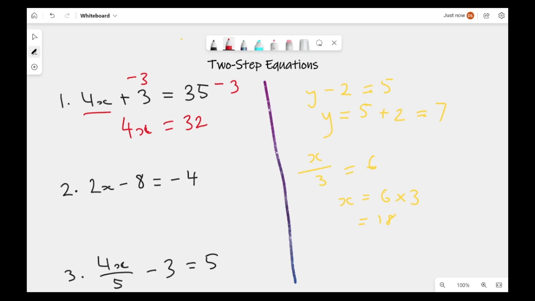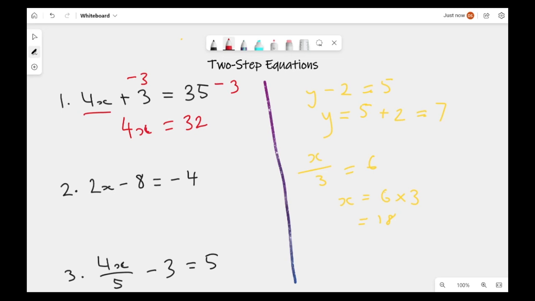That's what we want. We want x on its own. We want to find a value for x that satisfies this equation. Now, check it out, we now have a one-step equation left. There's only one step to go. We've done the first, and we only need one more. Hence why it's a two-step equation.